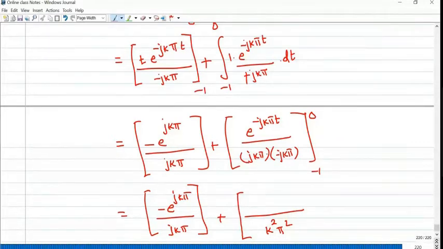Now substitute your upper limit e power 0 1 1 minus of t replaced by minus 1. So e power jk pi. It's the second term. 1 minus e power jk pi.